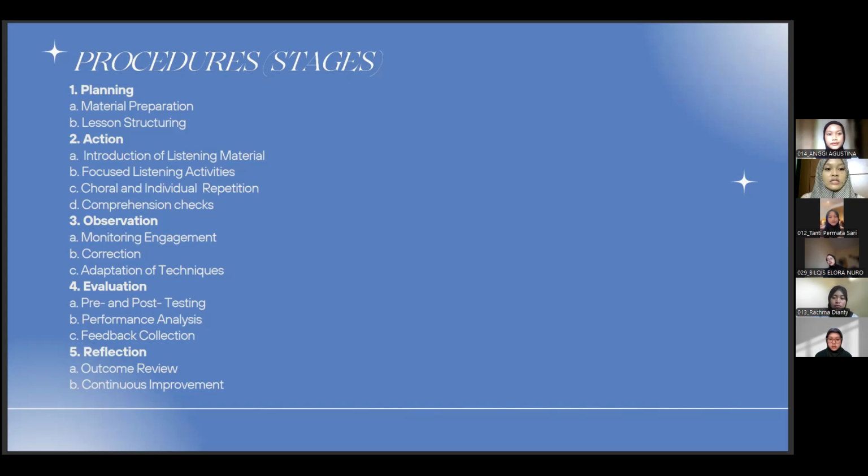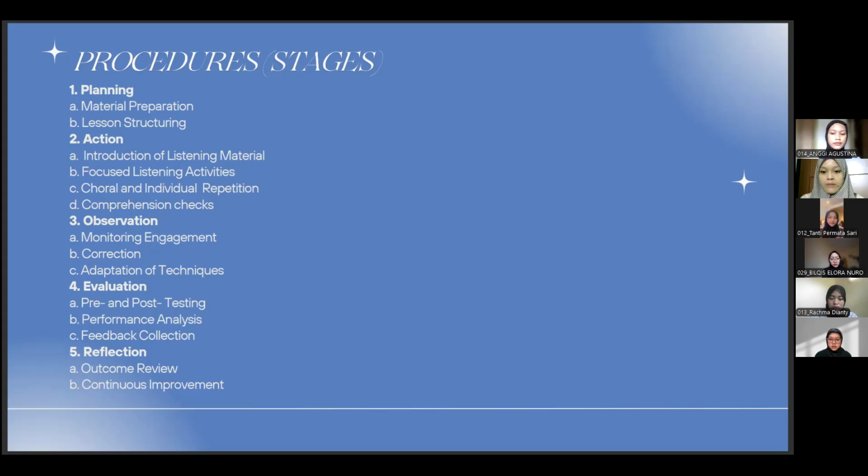And the third is observation. There are monitoring engagement, correction, and adaptation of techniques. Monitor student engagement and comprehension, providing feedback and adjusting techniques based on their responses. And the fourth is evaluation. There are pre and post testing, performance analysis, and feedback collection.